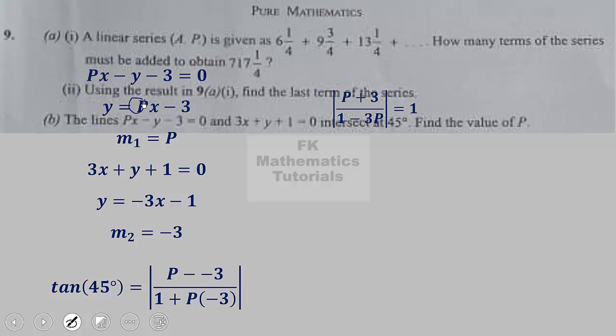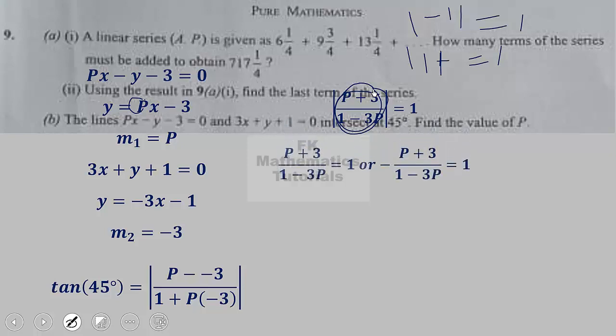For the expression here to be equal to 1, either the expression is negative or positive. Negative 1 absolute value equals 1, and positive 1 absolute value is also equal to 1. So if it is positive, we still get 1. If it's negative, we still get 1.